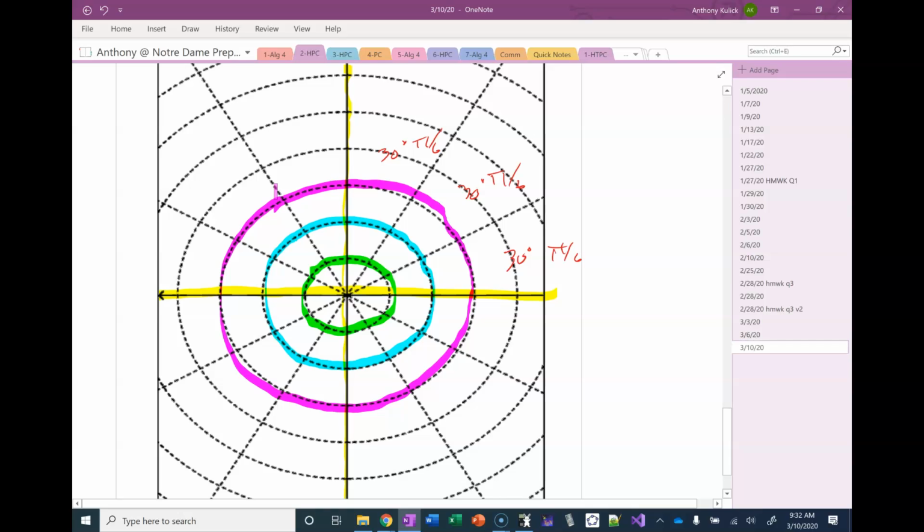So there the radius is 3 instead of 1. And it continues going out, continuing that same pattern. So each circle is 1 more radius longer. Everybody okay with that?